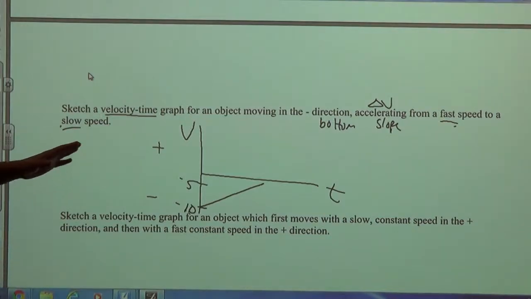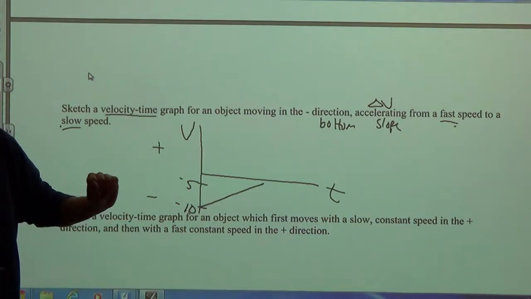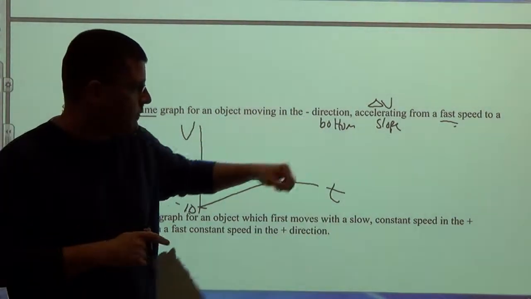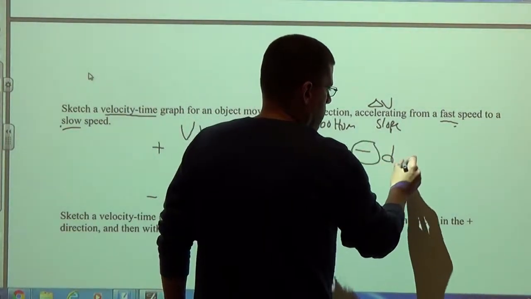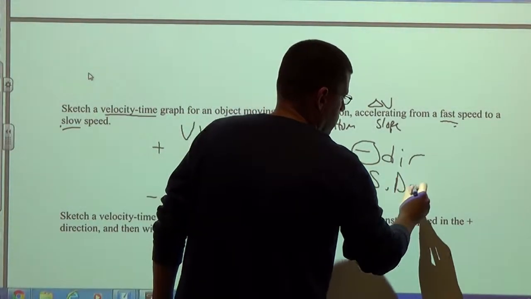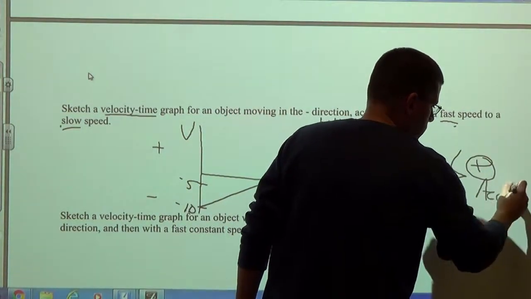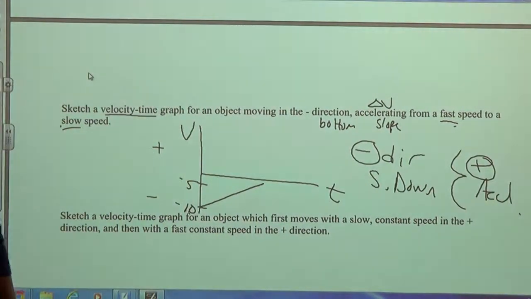And again, to get ahead, because I know a lot of you know this, we see a positive slope. So you see here we have negative direction, and we're slowing down. And now you should already know this, positive acceleration.